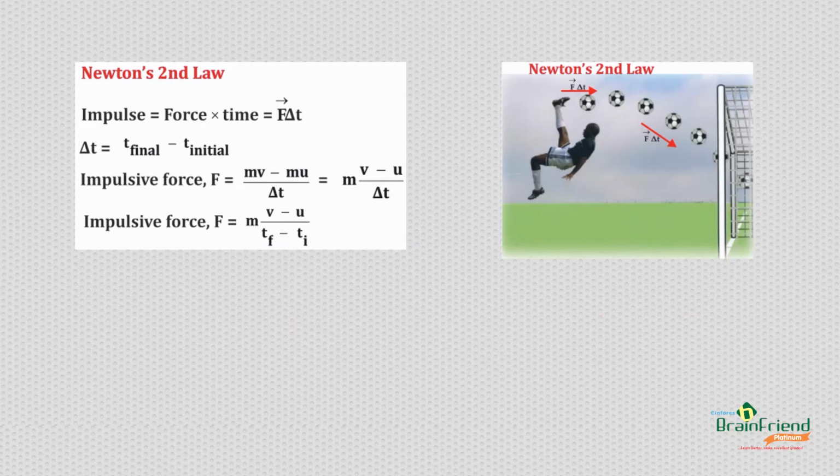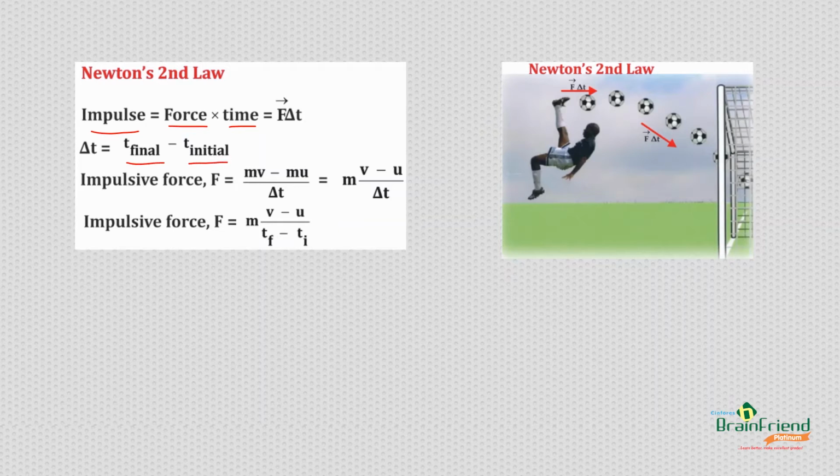Now, let's look at this equation to explain further some of the properties of Newton's second law of motion. You can see impulse is simply force multiplied by time. The change in time simply means final time minus initial time.